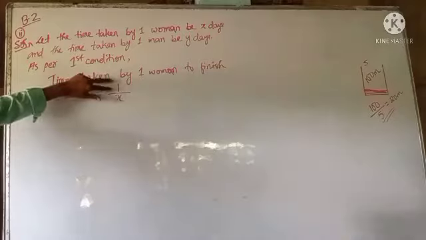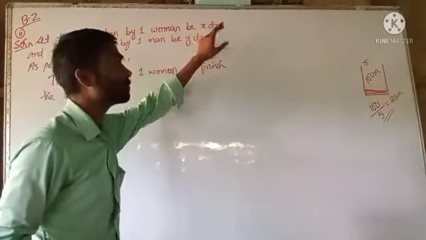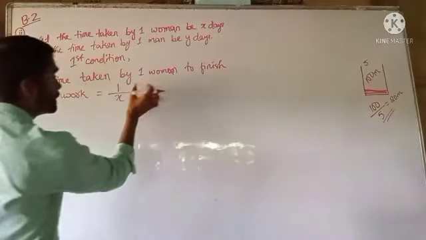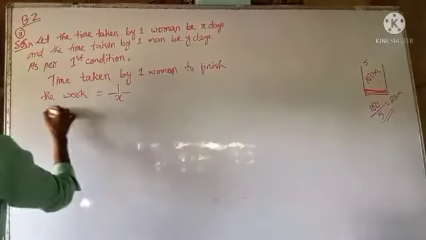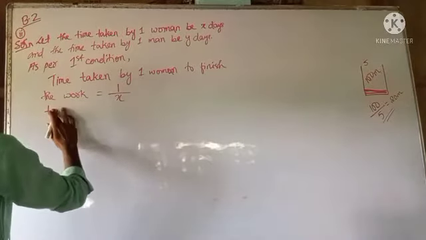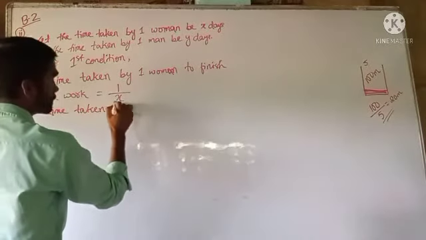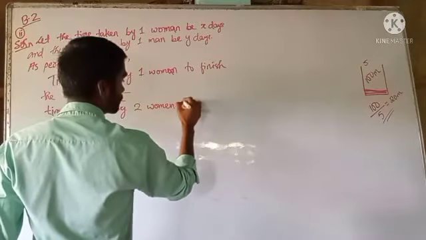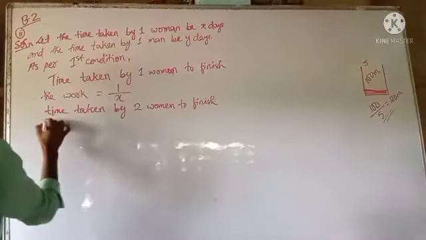We are talking about one woman and the number of days. We are dividing it by the number of days it takes. Now if we say about one woman, then we are saying 1 by X. If we are saying for 2 women, then the time taken by 2 women to finish the work.